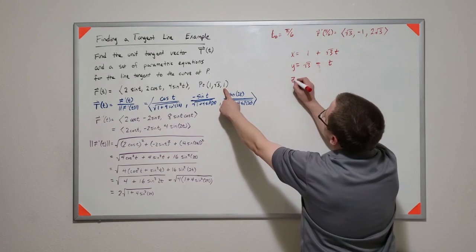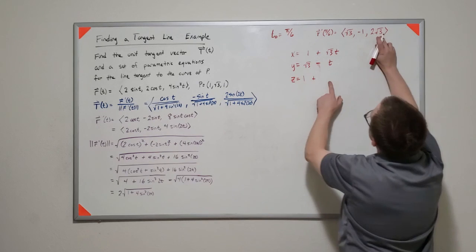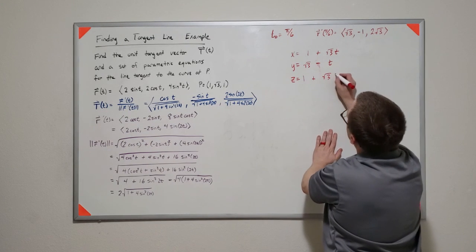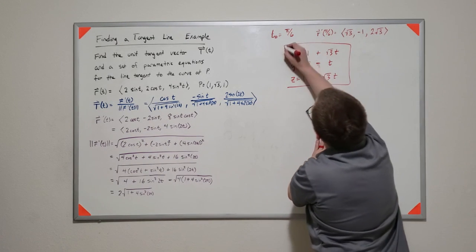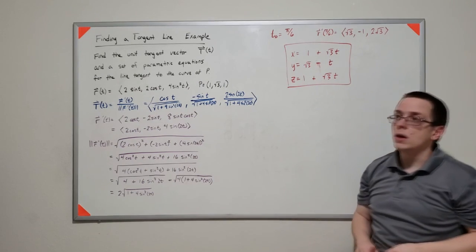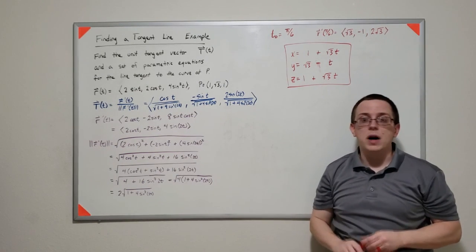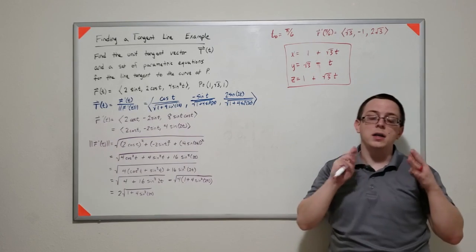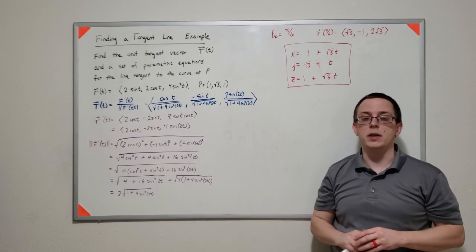And z equals 1 plus 2 square root of 3 t. And that's how you find both the unit tangent vector and a line tangent to the curve at the specified point.